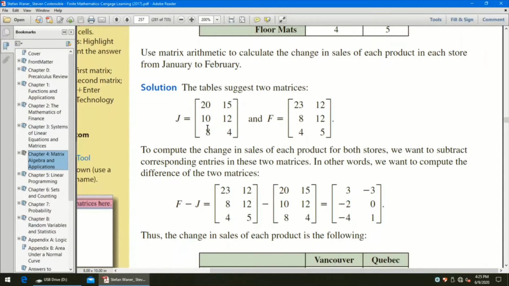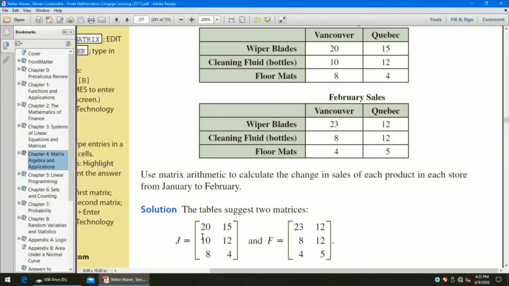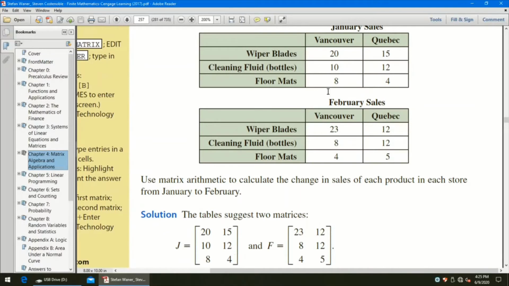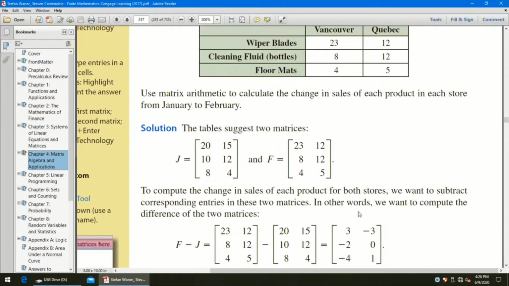So if you convert it into a matrix, just make a rectangular bracket. We have 20, 10, 8, and 15, 12, and 4. And this is the second matrix F. It's just like this; you can very conveniently write A and B as well, but this is J for January and F for February. So we have 23, 8, and 4, and 12, 12, and 5.